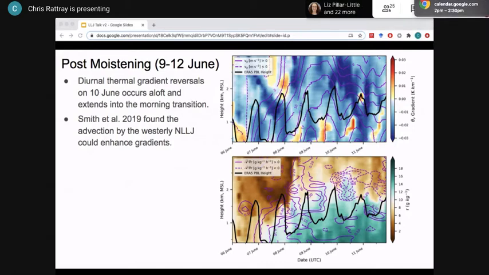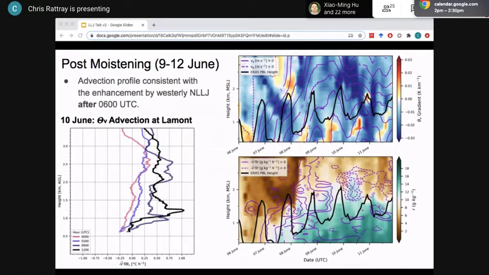We also see that there's negative moisture advection around 2 kilometers on the state. If we recall, I mentioned previous work by Smith et al. They found that the westerly jet could advect the dry boundary layer from the west and cause some buoyancy gradient reversals.